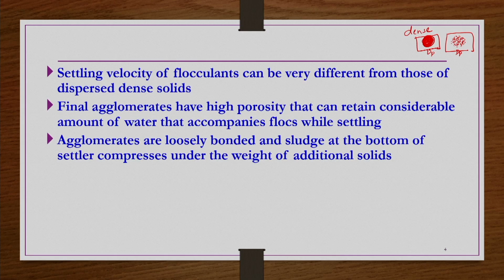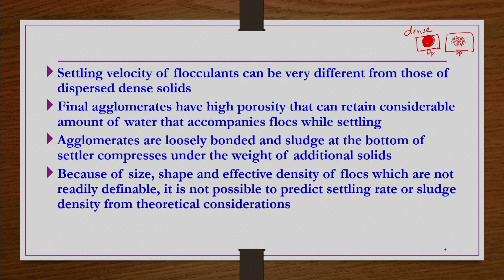Agglomerates are loosely bound and the sludge at the bottom of the settler compresses under the weight of additional solids. Because the size, shape and effective density of flocs are not readily definable, it is not possible to predict the settling rate or sludge density from theoretical considerations in general for flocculation. This applies to flocculation, sedimentation or thickening of fine particles forming a suspension.